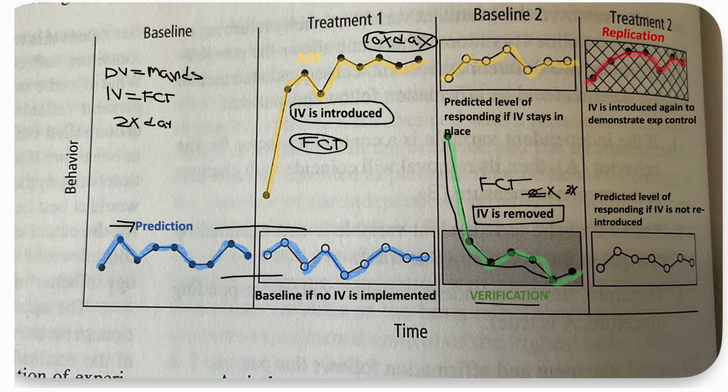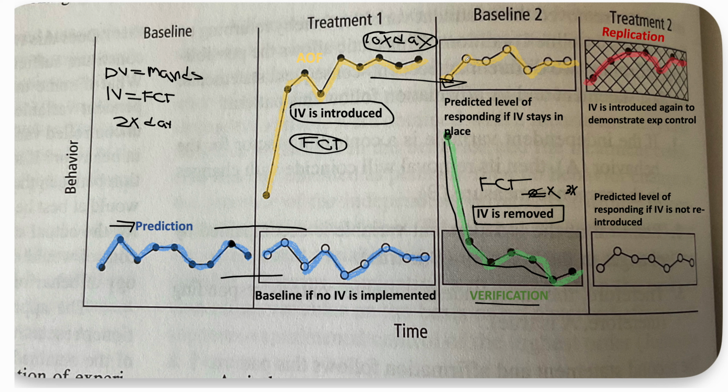And so this right here is just a predicted level of responding if we would have continued the FCT, okay? And just again to remind you, the solid points are what actually happened. They're like real data.